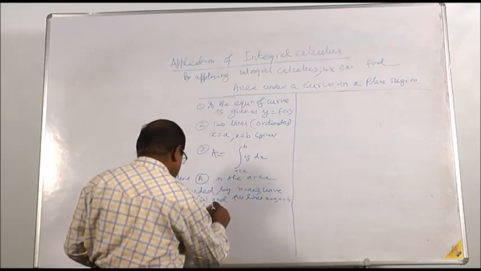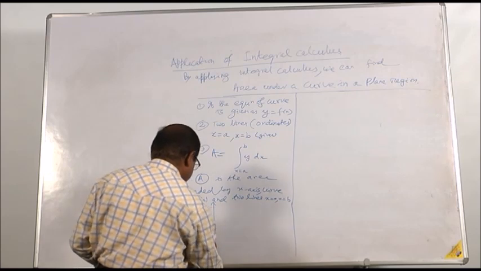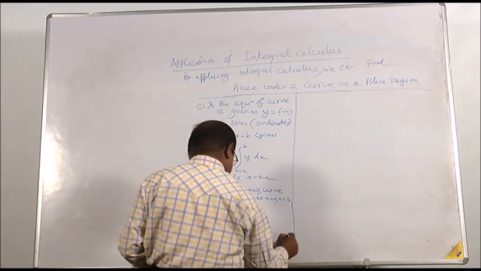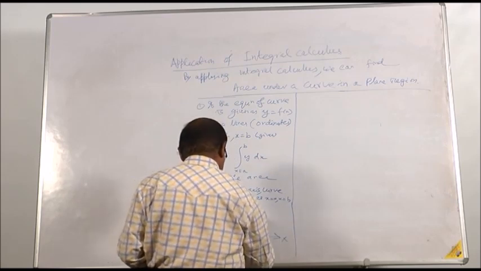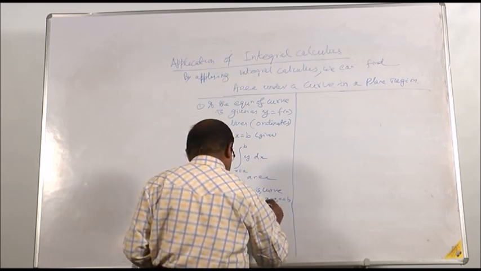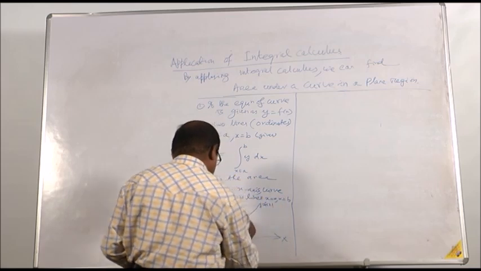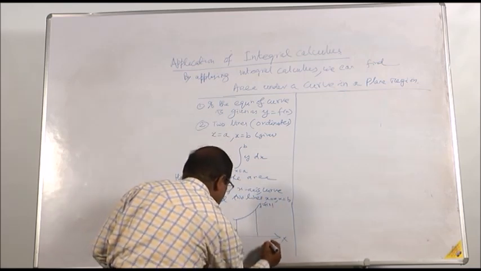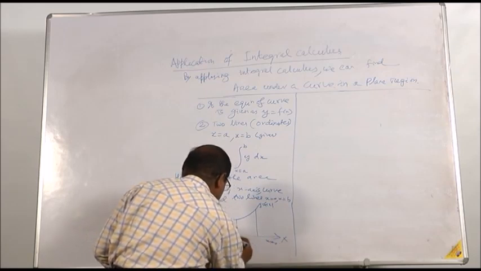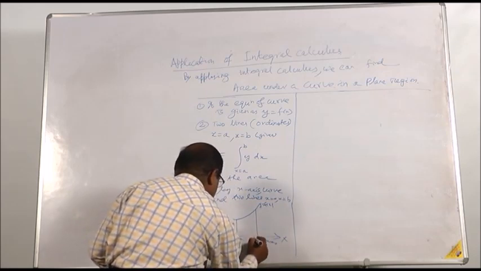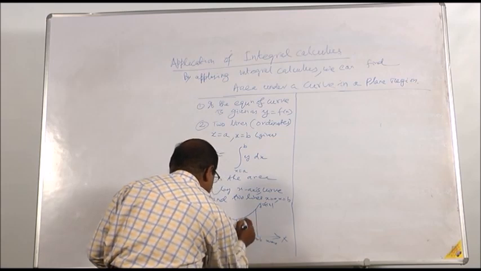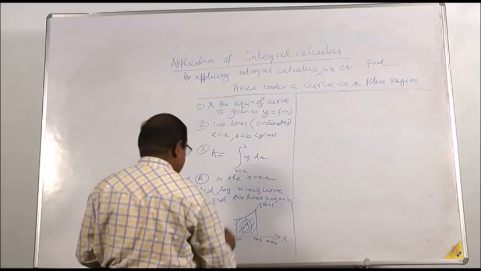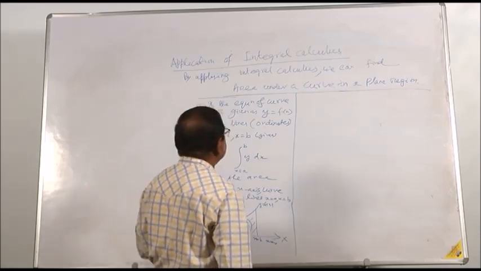You see the figure how it comes. This is the curve y is equal to f(x). Now take this line. This is the x-axis. This line is x is equal to a. This line is x is equal to b. So this area is equal to A, which we represent by this integral.